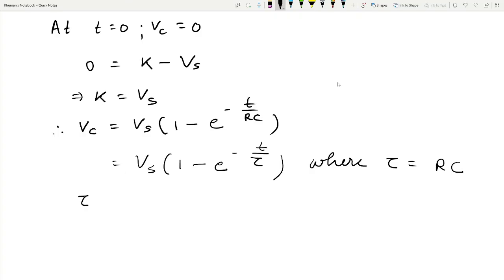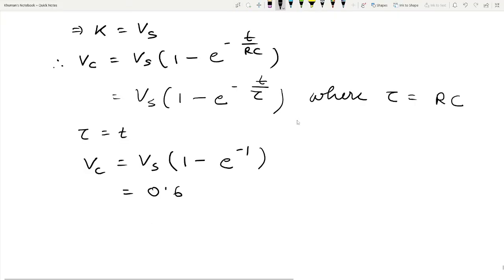Okay, so at t equal to tau, VC is equal to Vs times 1 minus e to the power minus 1. So it's equal to 0.632 Vs.